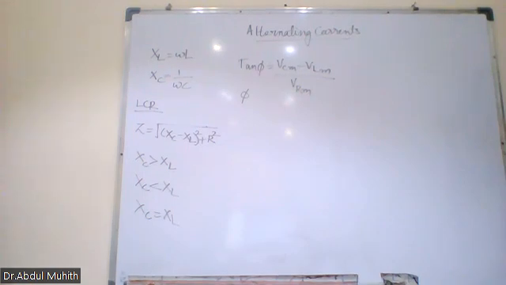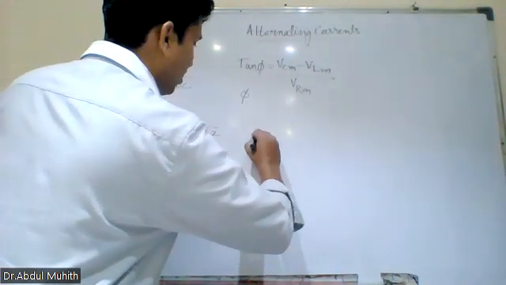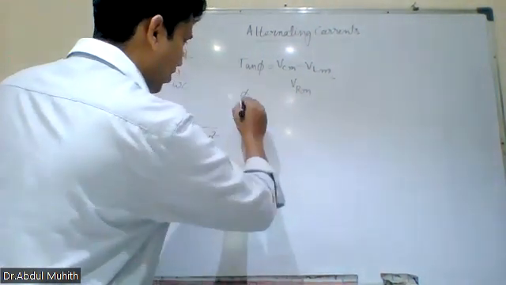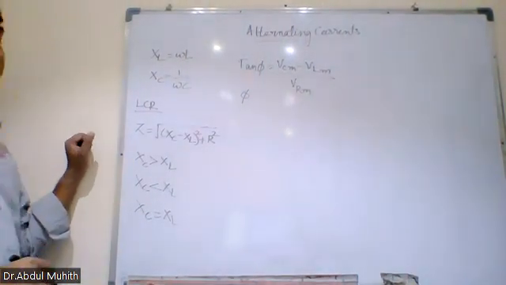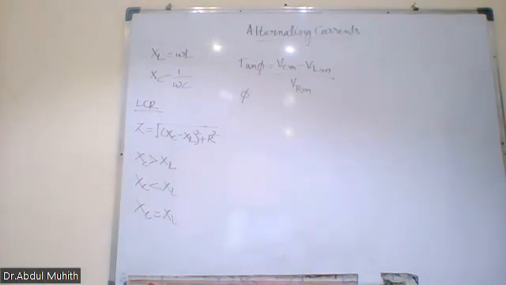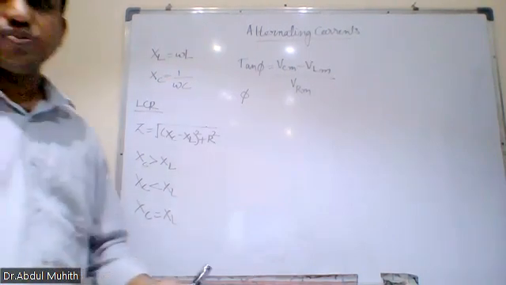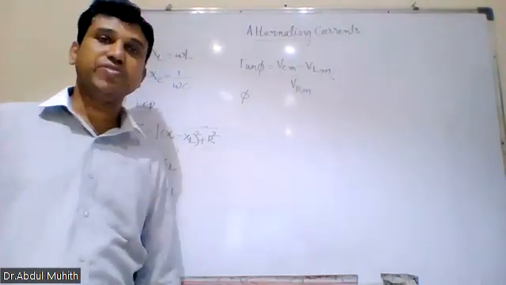Got it? See this one here. This is the applied voltage and this is the resultant voltage. Is it clear, all of you? Phi is the phase angle.